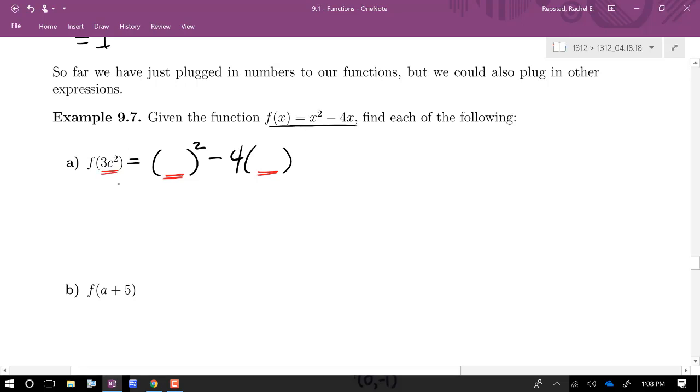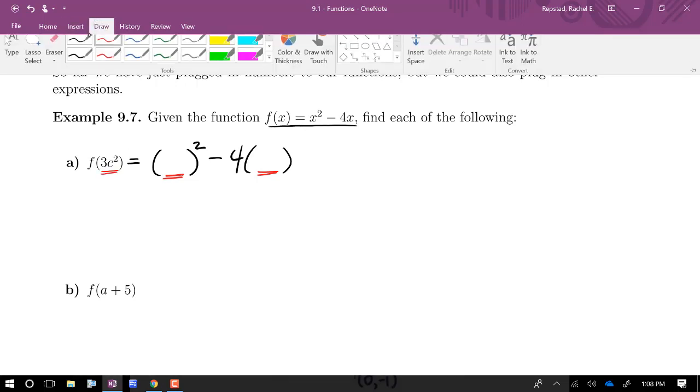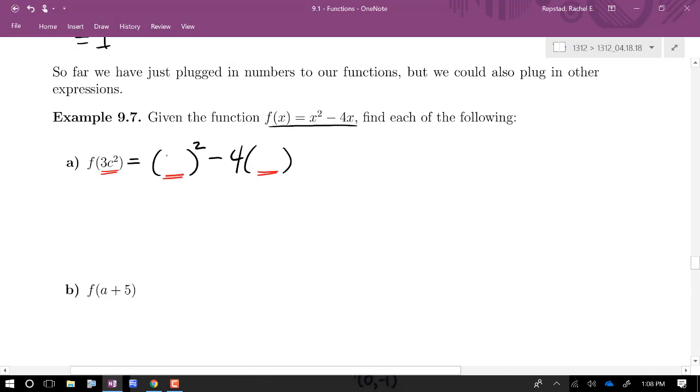So 3c squared is our input in this function, so we're going to replace our input in these empty sets of parentheses with 3c squared. And now we just do algebra, which is our favorite. What is the square of 3c squared? 9c to the 4th.